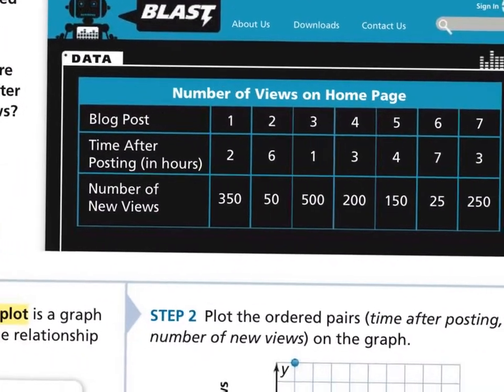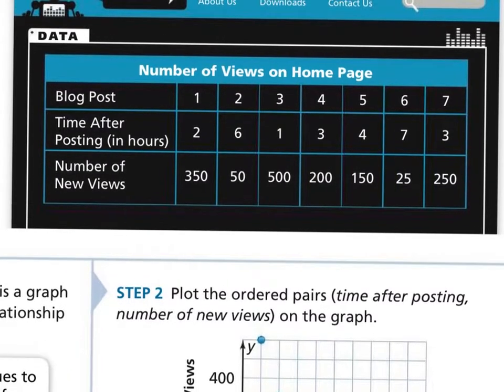So you can see the first blog post, after 2 hours there were 350 new views. The second blog post, 6 hours after, there were 50 new views. The third blog post, an hour after, there were 500 new views, and so on.